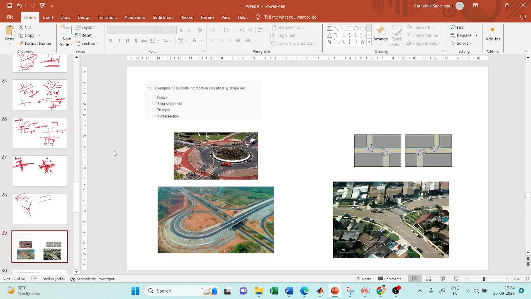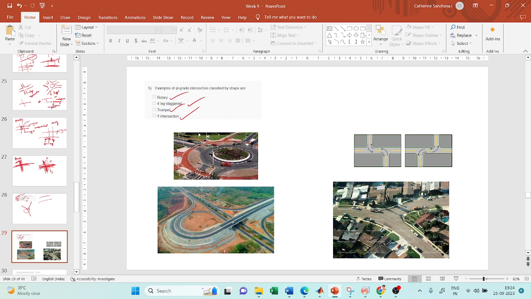So moving on to the next question, examples of at grade intersection classified by shape, okay. Since Sir has already clearly shown in the slides the shape of different at grade intersections, I don't want to show all that, but let us only see what these four options look like so that you can make the correct choice, okay.